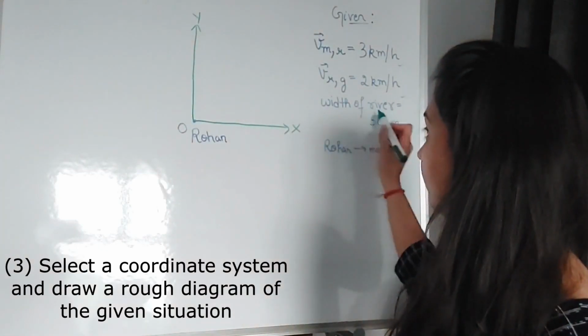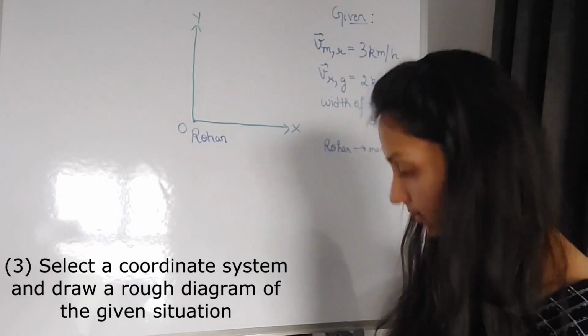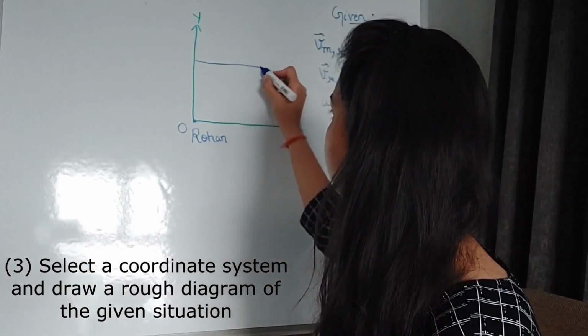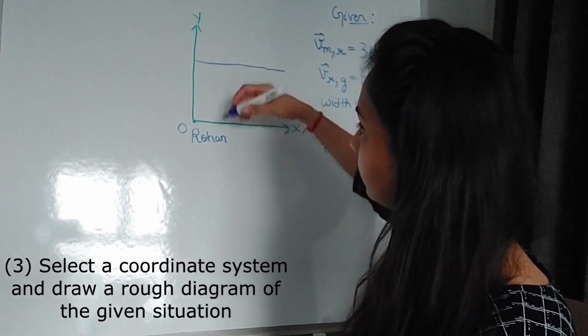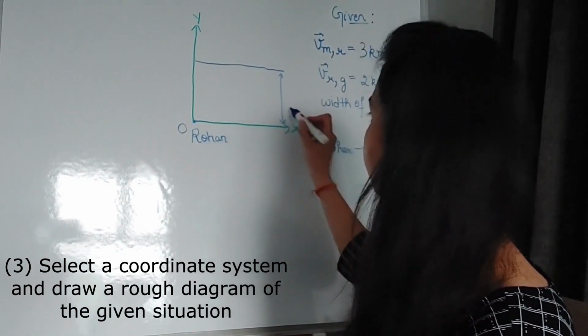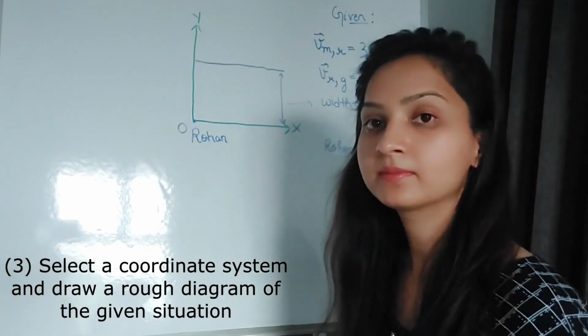I know the width of the river is 500 meters. So the river is like this. This can be the river and the width of the river is given. This is 500 meters. This thing is clear.